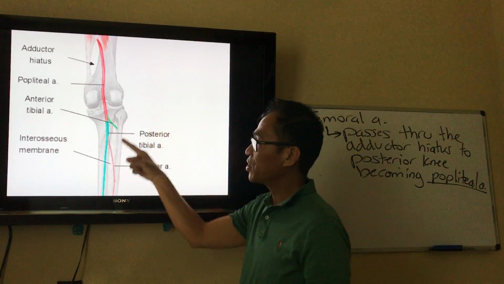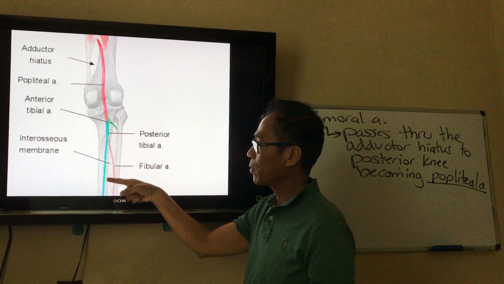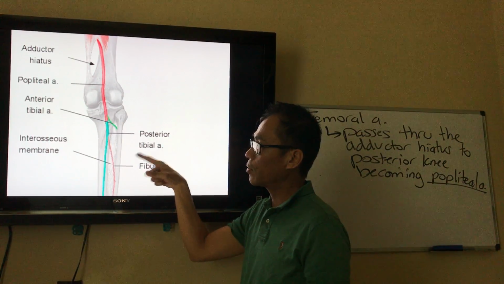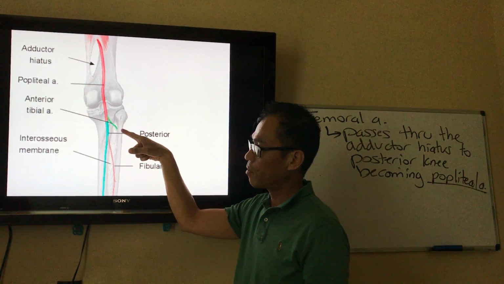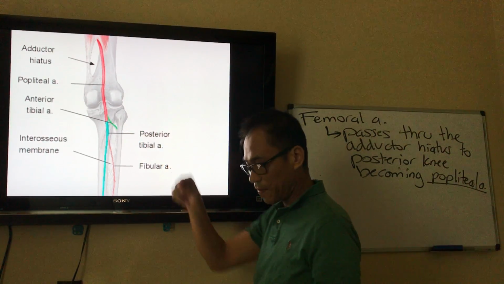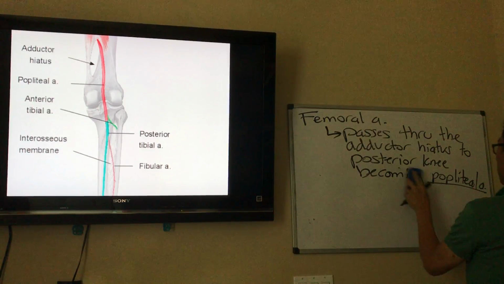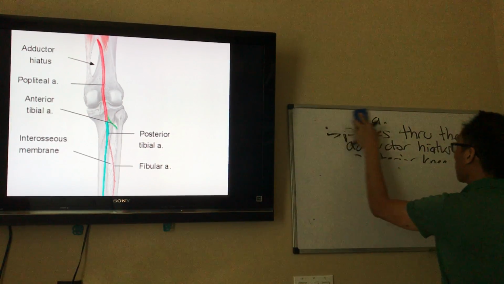Here's popliteal branching into posterior and anterior tibial artery. We can see anterior tibial artery, it's back here. It's piercing the interosseous membrane to go to the front. So let me write that down. Following popliteal artery.